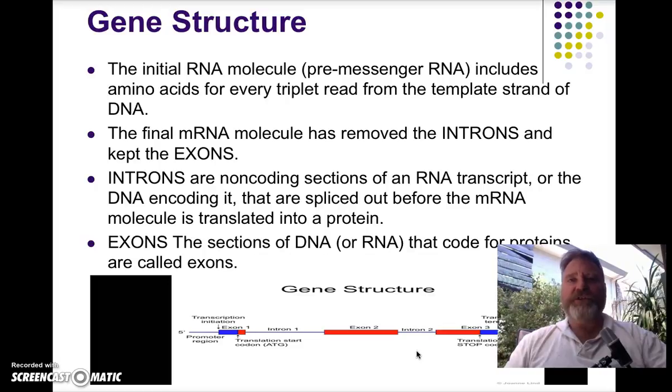The exons code for a particular amino acid which will become an important integral part of the protein. The introns don't. However, there's been a little bit of work with reverse transcriptase, which allows you to take a protein and work back to messenger RNA and work back to the DNA it came from.